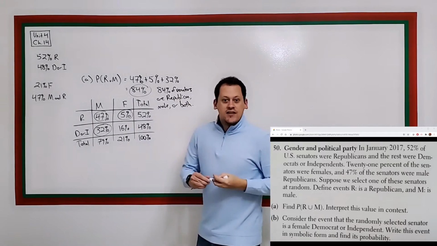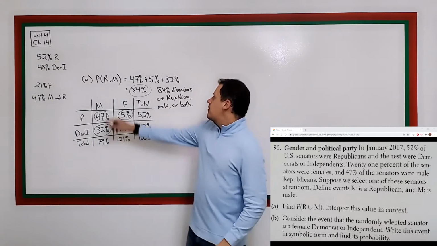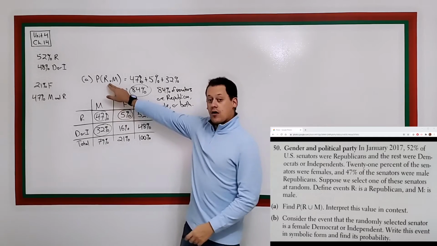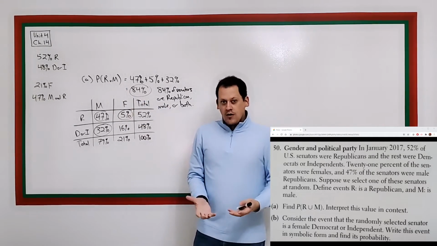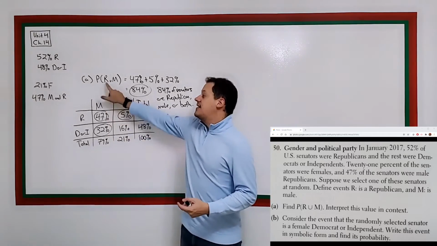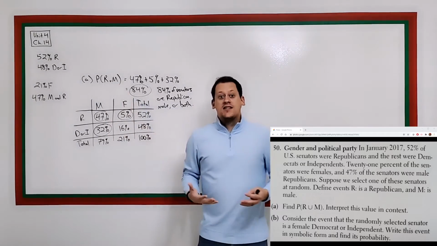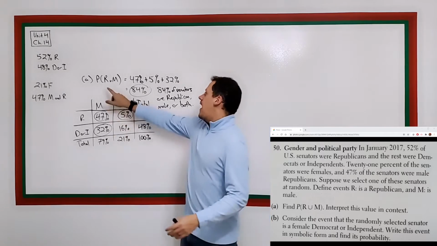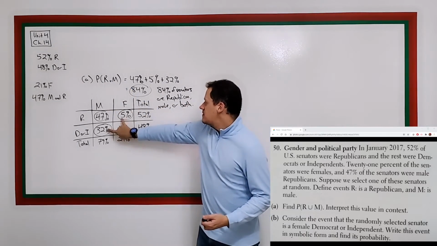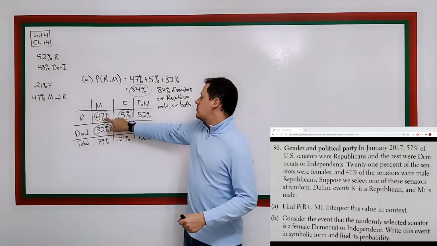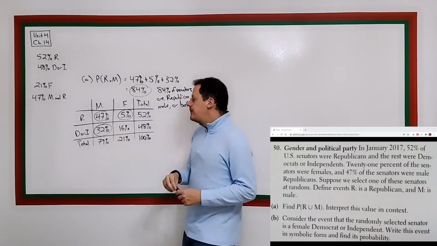So that's an interesting thing to notice in this course, is that if you're asked for the probability of the or of two events, it's what we call the inclusive or, and it includes the probability that it is also both. This is not the exclusive or, where it has to be Republicans or males but not both. That would just be these two cells. It is inclusive. It includes the and probability as well.